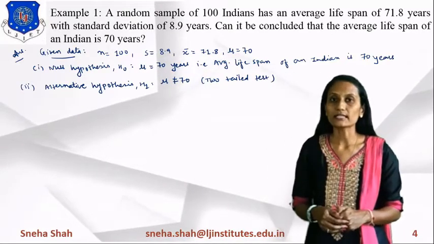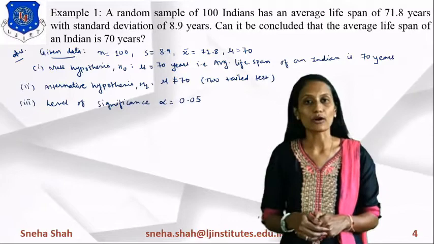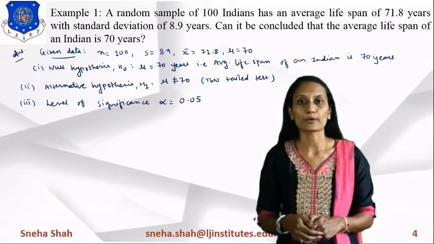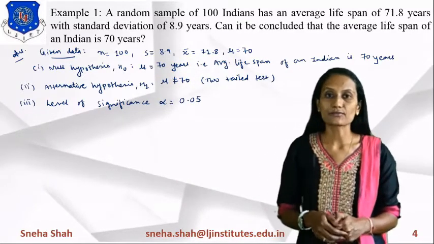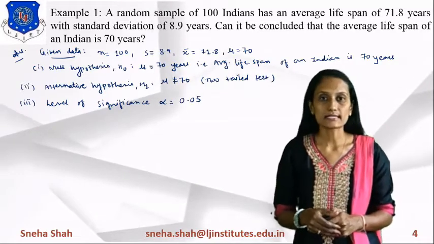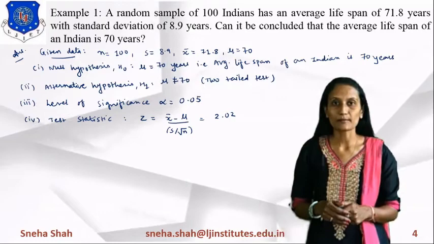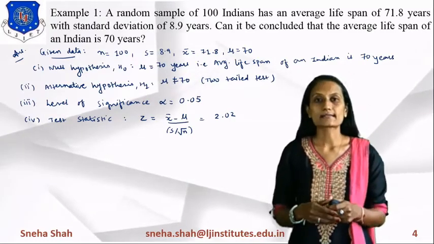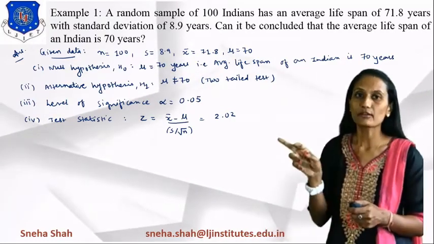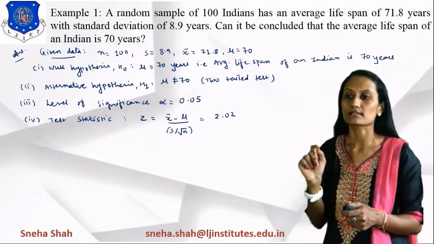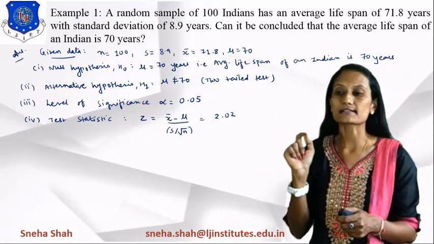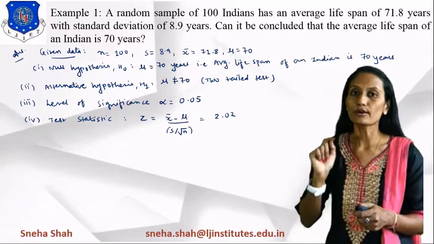Now we'll define the level of confidence. Its value is alpha equals 0.05. Next we will find the value of the test statistic. Its value is z equals x bar minus mu upon s upon root n. Now if we put all these values in this equation, after solving this, the answer equals 2.02.